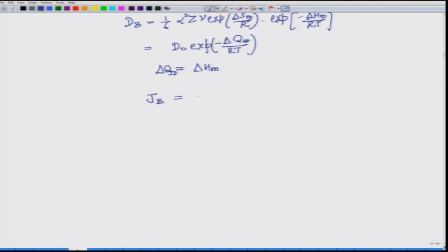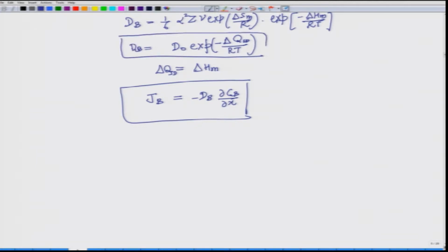Now, these are two important relations with respect to interstitial diffusion. Next, we have seen how this interstitial defect has led to diffusion, and we have derived a relation for this.